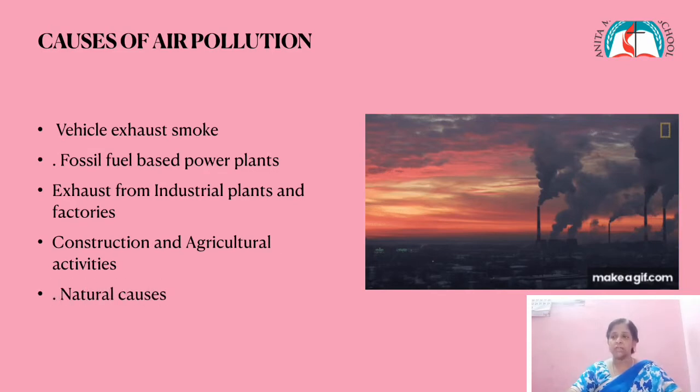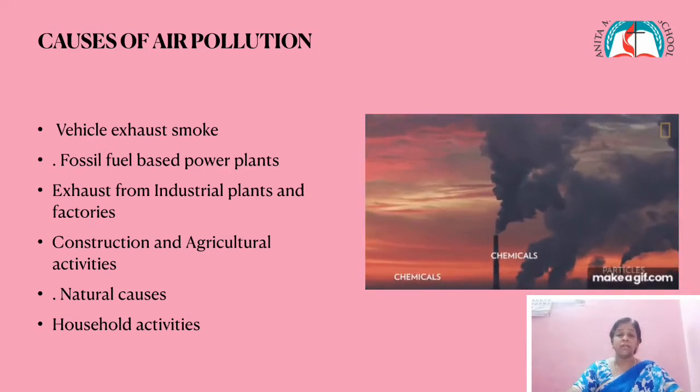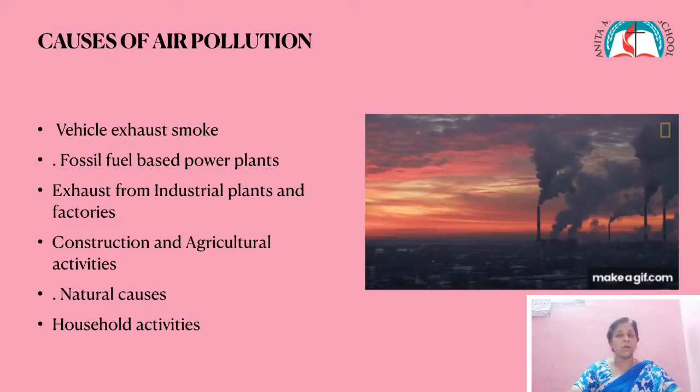Next one, fossil fuel based power plants. In our country we have many fossil fuel based power plants, and they release sulfur dioxide, and if it mixes with the atmosphere, it will reach the water pollutants, and it will lead to acid rain.